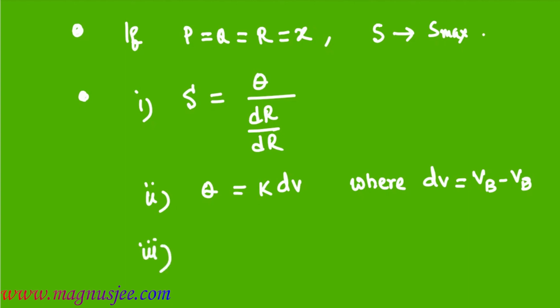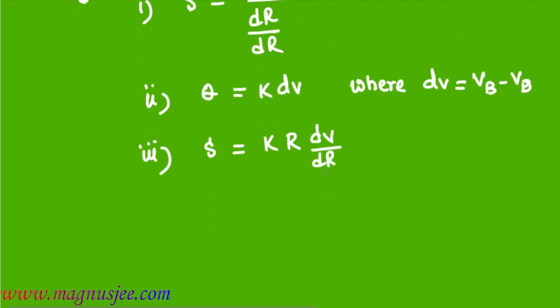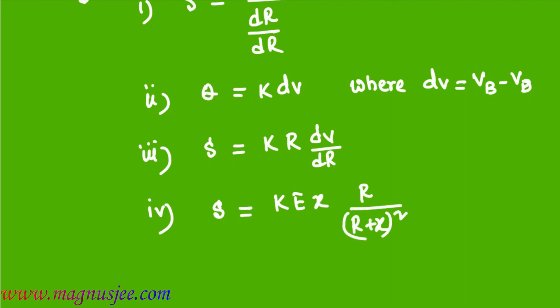Number three, S equal K R dV by dr. dV by dr is the rate of change of voltage with respect to change in resistance. And S has the final expression, that is K E X R divided by (R plus X) whole square.